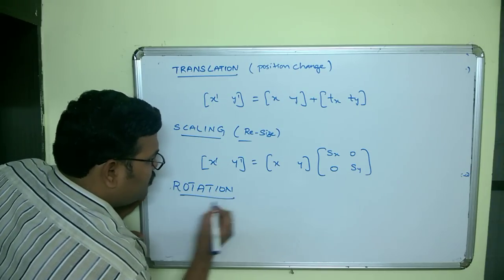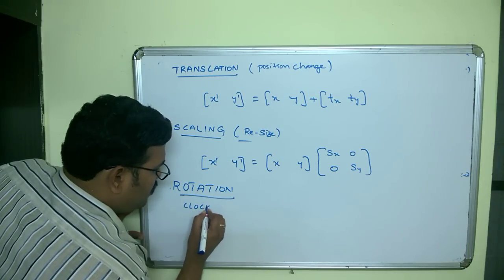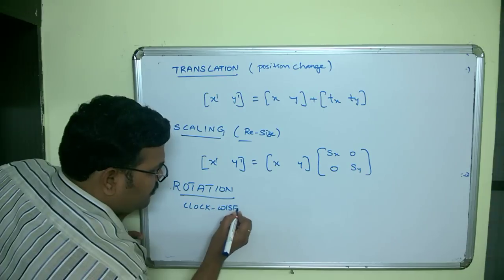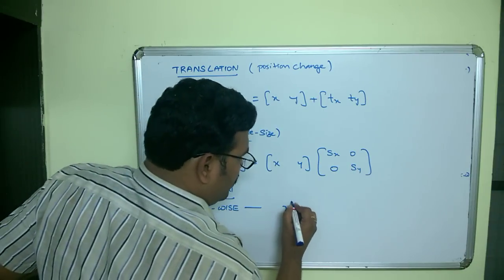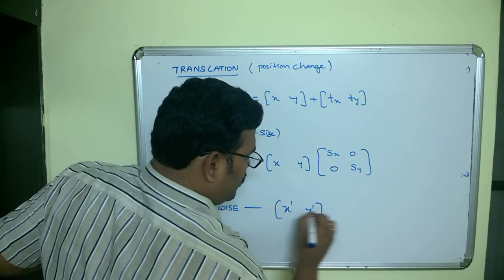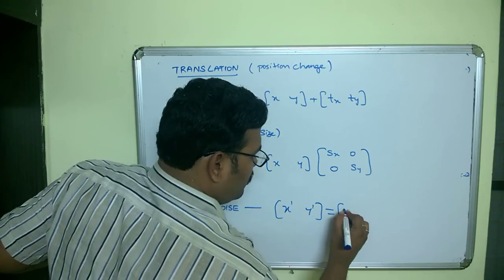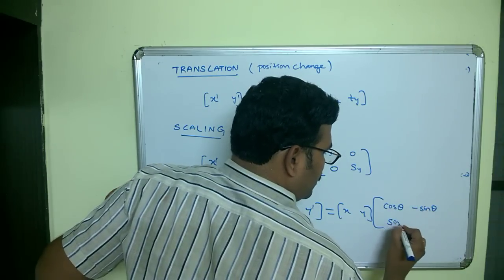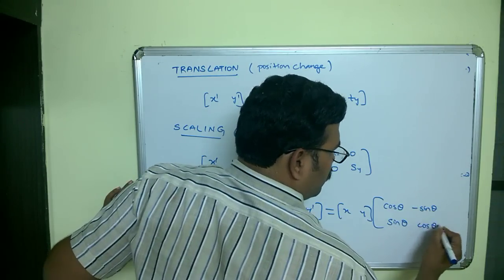Then rotation. First, in the clockwise direction, [x' y'] is equal to [x y] times the rotation matrix with cos theta.